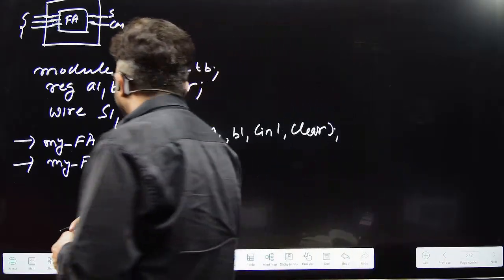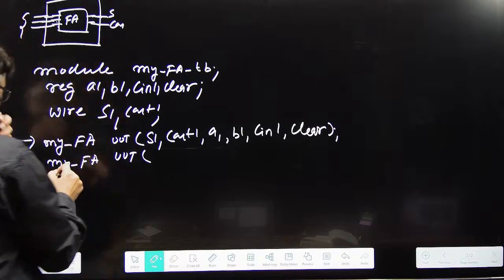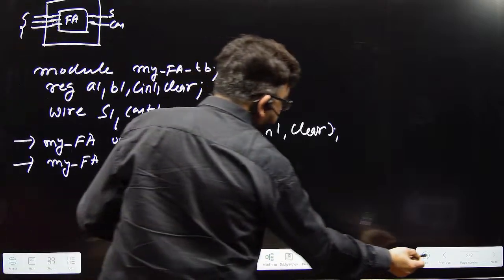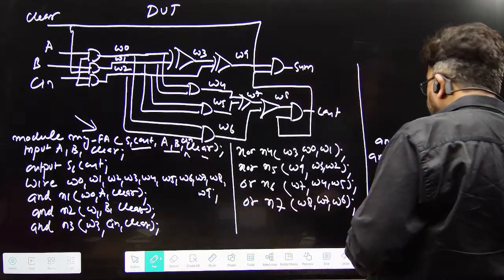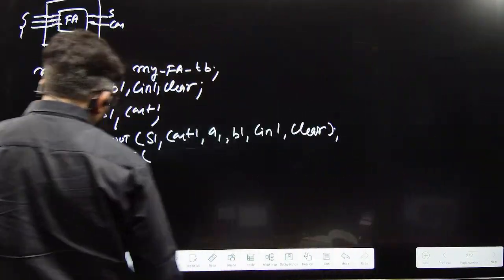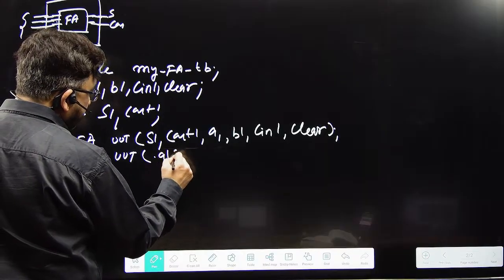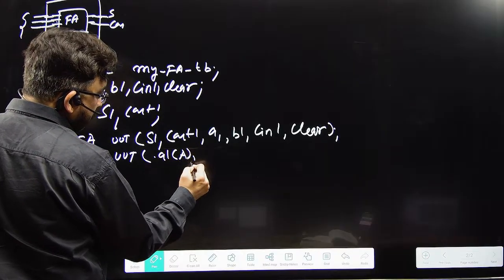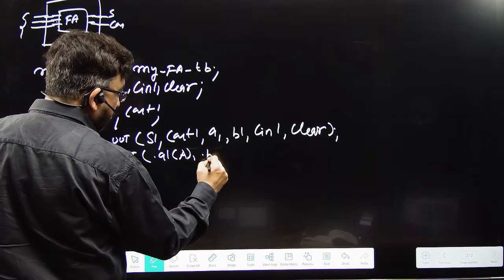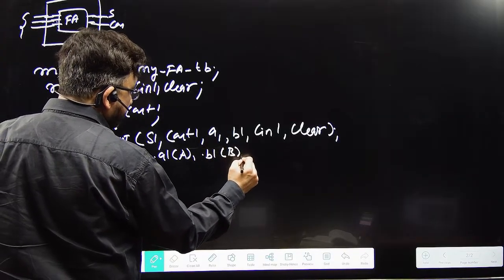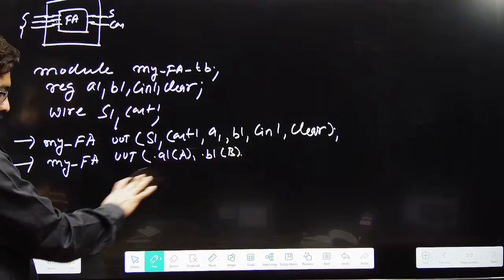For example, here it is my A1 and there is my capital A. So in that case, dot A, A1, comma. Dot B, B1.